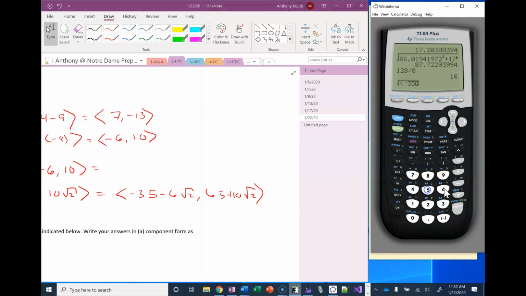So I'll do negative 35 minus 6 root 2, squared, plus 65 plus 10 root 2, squared. So that should give me about 90.30.